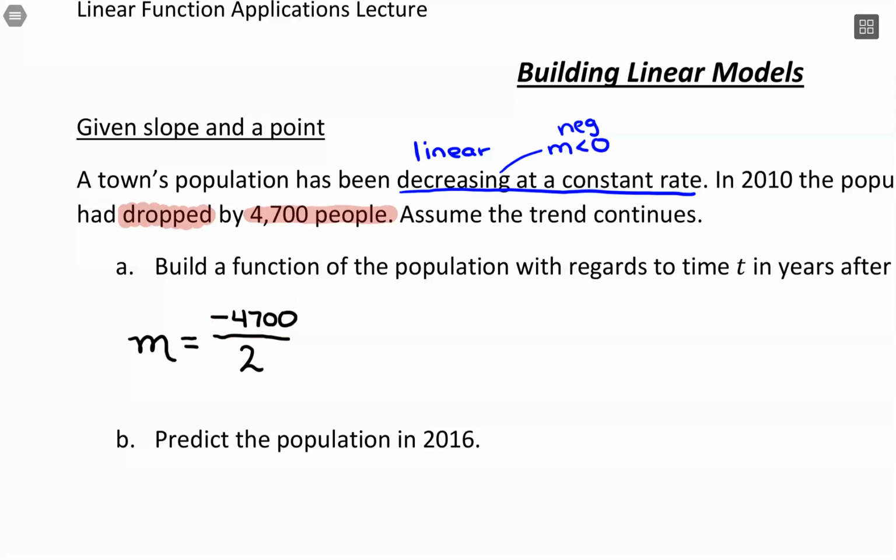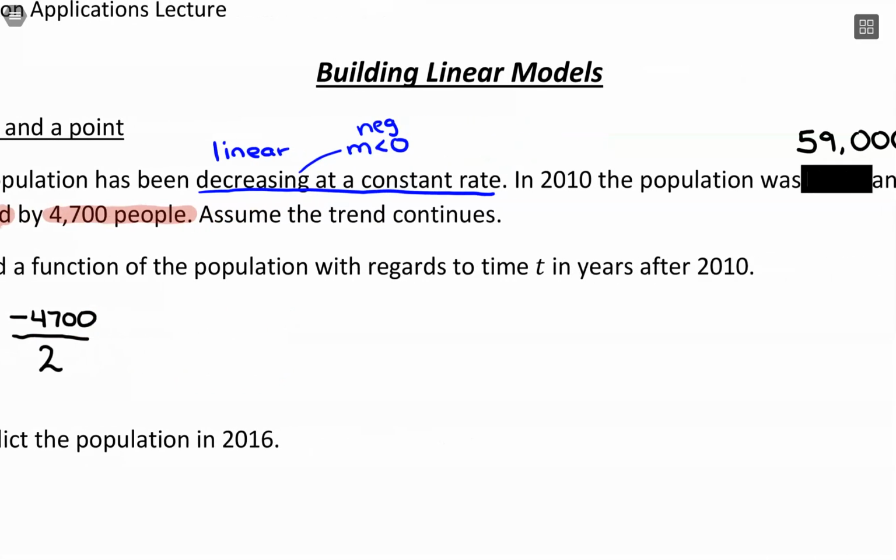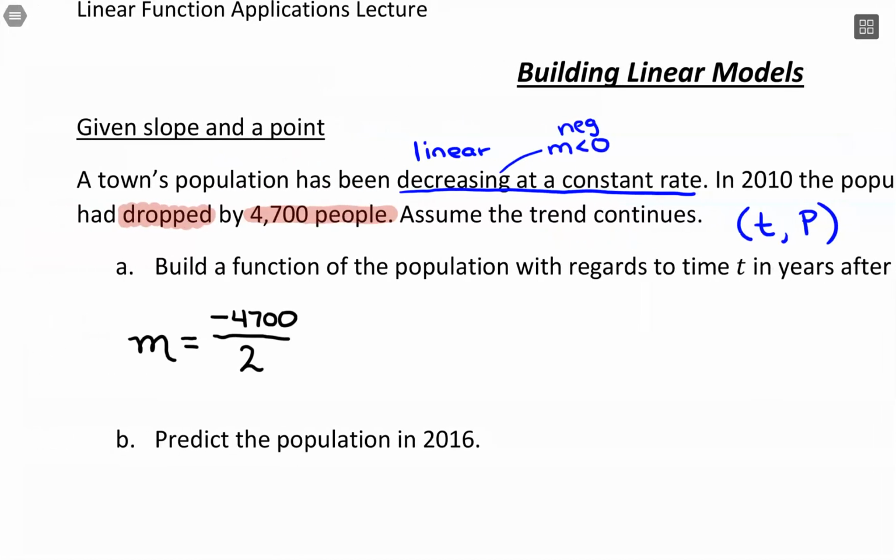So what this will do is it'll give me the change per year by dividing these two values together. But you can think of it as well, if I have these two pieces, let's say my coordinates are made up of time and population. What this would do is the numerator is showing the change in population. So the fact that the population dropped 4,700 people over the change in time, which time increased 2 years.